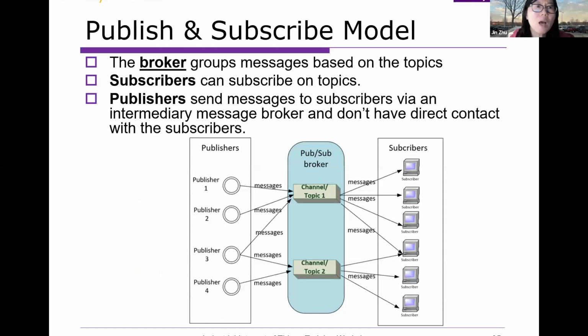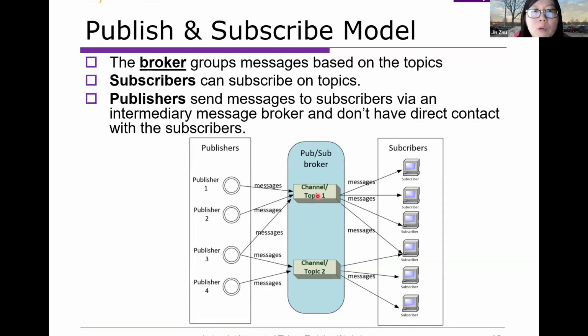So how does the publish and subscribe model work? Let's have a look. This one is a broker. You always need to set up a broker, which is in charge of the message exchange. The publisher sends a message to any subscribers through the broker. They do not contact the subscribers directly.